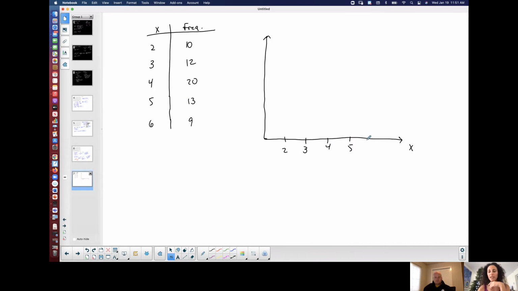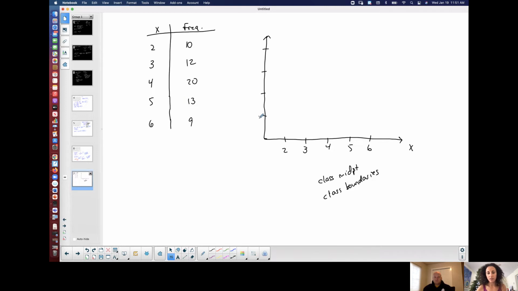So again, if this were a frequency table where I had intervals of numbers, then the horizontal scale is either going to be the class midpoint or class boundaries. Hopefully you remember those terms from last week. But in this case, these are not intervals, so it is what it is. So let's say 5, 10, 15, 20.